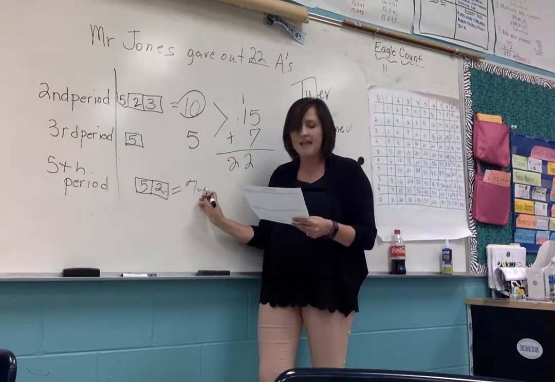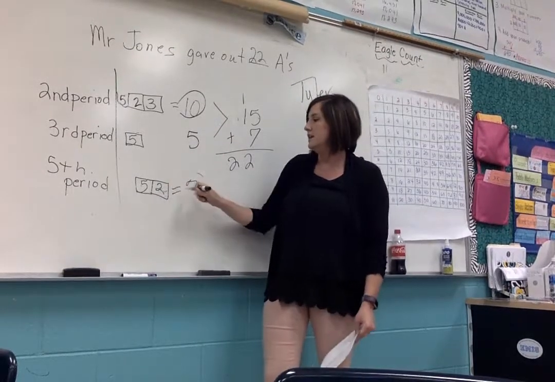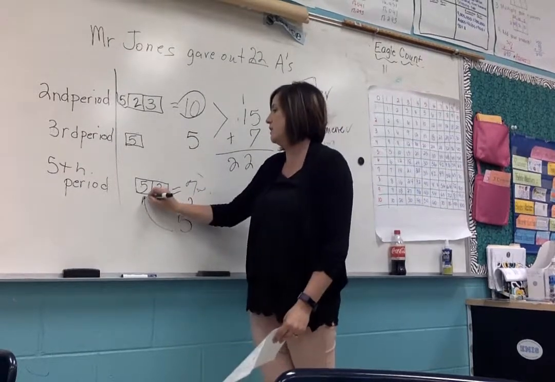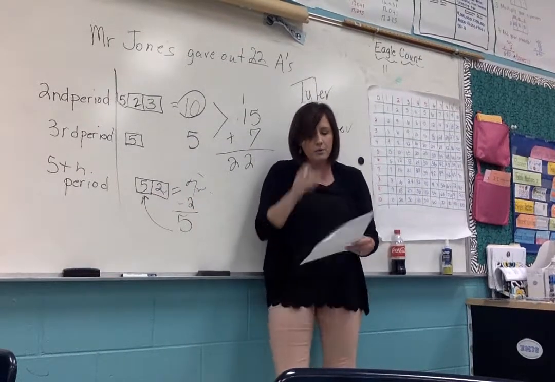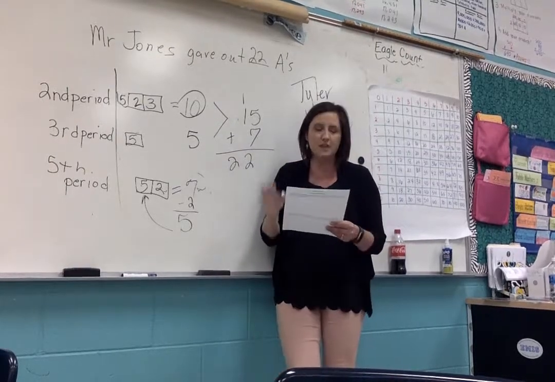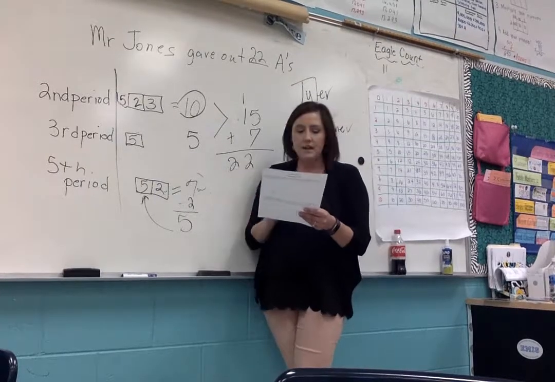Then it says he gave out 3 more A's in his 2nd period class. That's where the 3 came from. Than he did in his 5th period class. So in his 5th period class, he gave out 5 and 2 to equal 7. So up here it's 5 and 2 plus the 3 more that he gave out, the 3, that got us the 10. And now that we have all of our boxes filled in, then we were able to add them together.